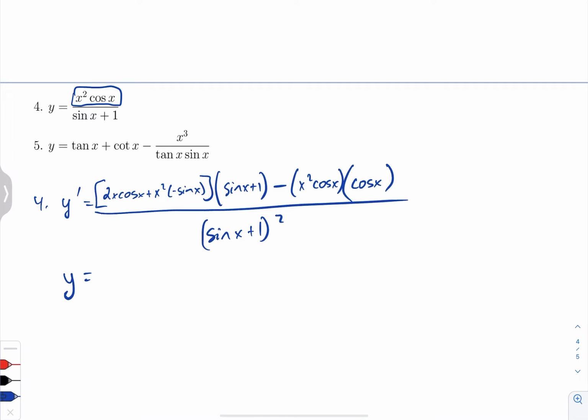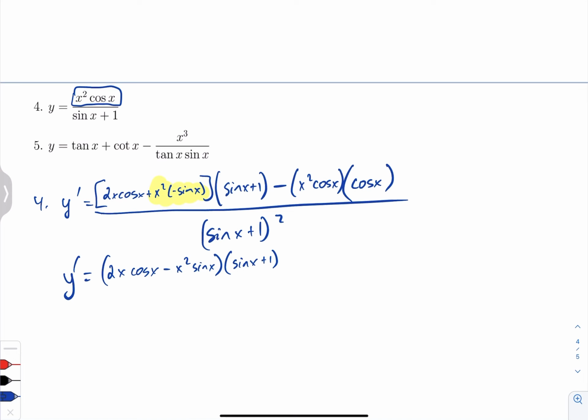So we can probably do a little simplification here. In this spot right here, I can multiply that out pretty easily. We're going to have 2x cosine of x minus x squared sine of x. And then we could multiply that all out by sine of x plus 1.